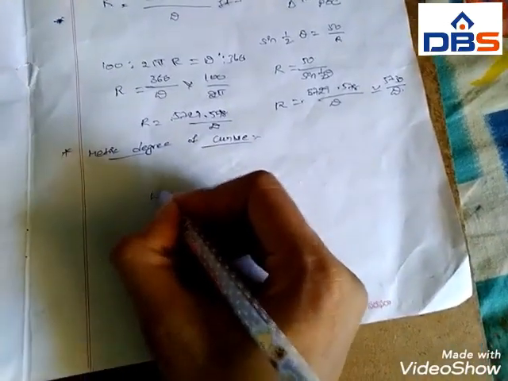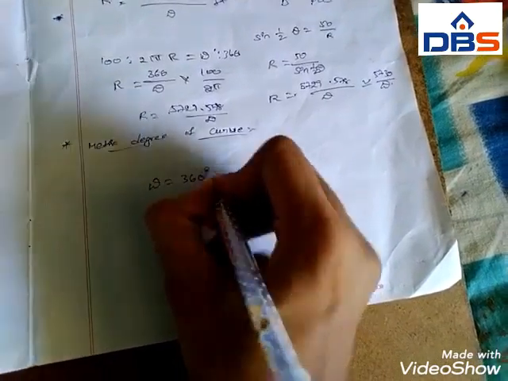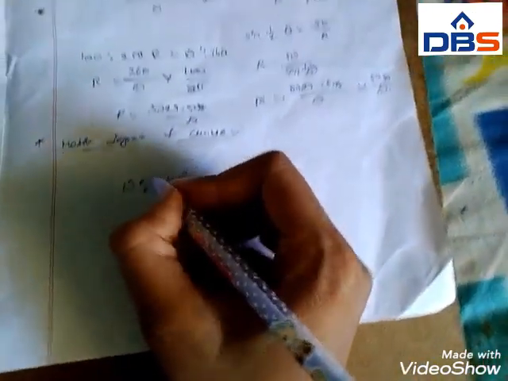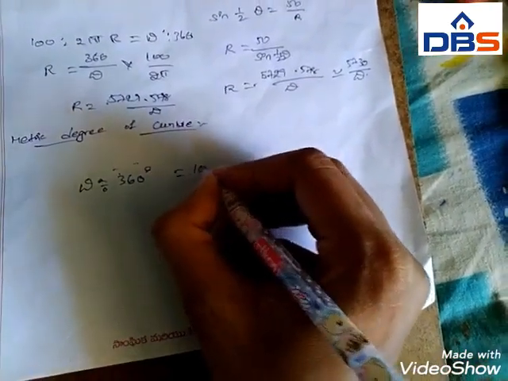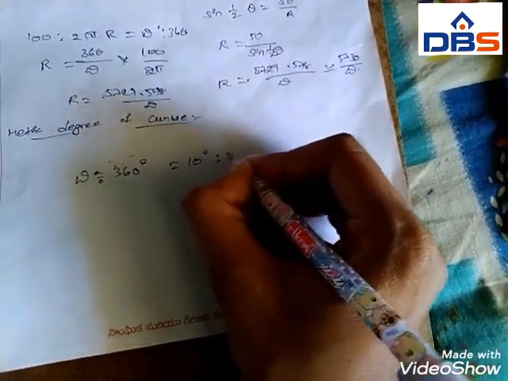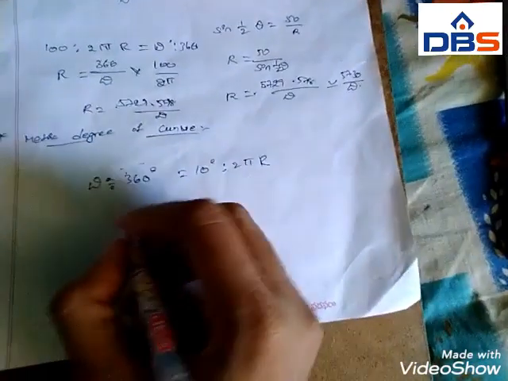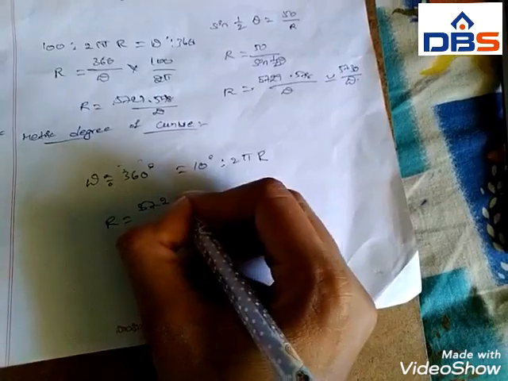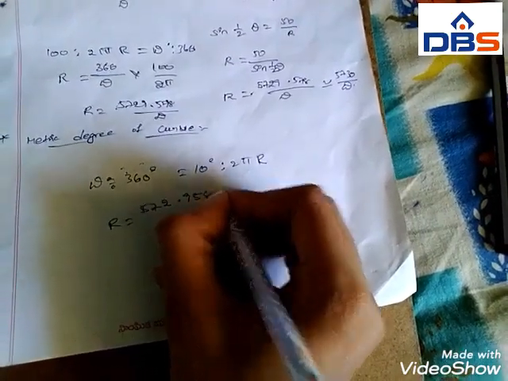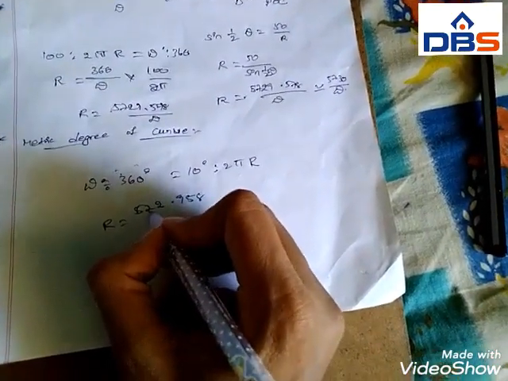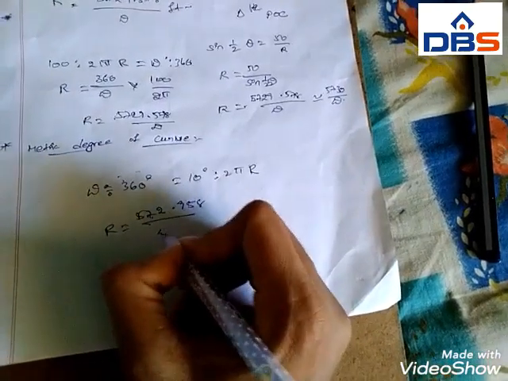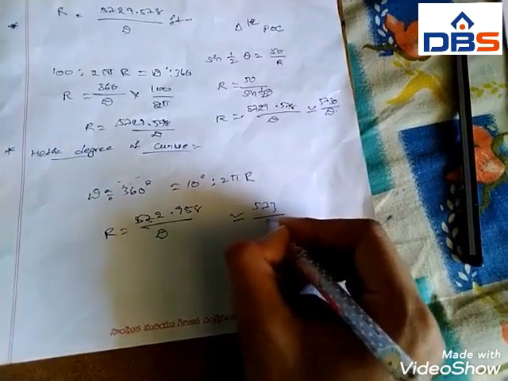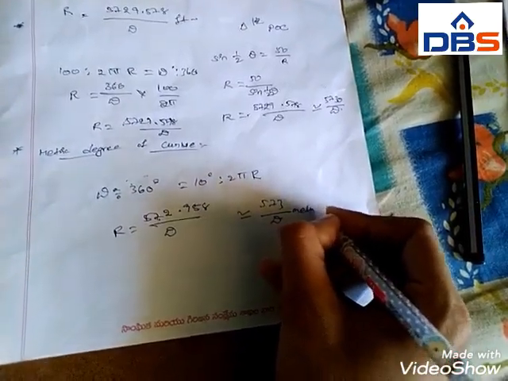D is to 360 degrees is equal to 10 meters is to 2 pi R. By using this, R is equal to 572.958 by D. Now this is similarly equal to 573 by D meters.